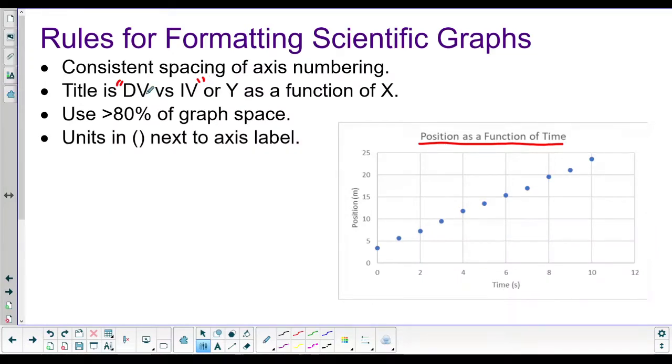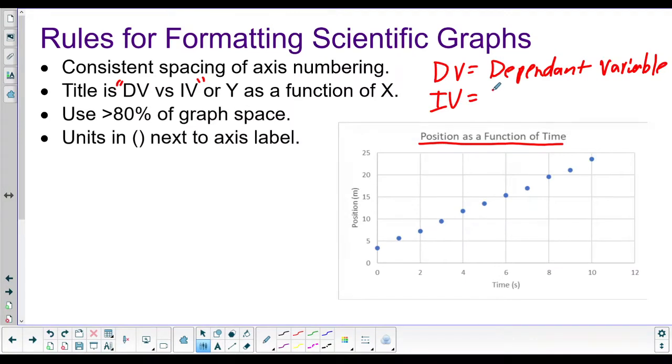When I say dv, I mean the dependent variable. And then iv, of course, is the independent variable.